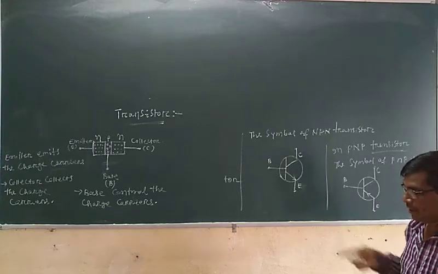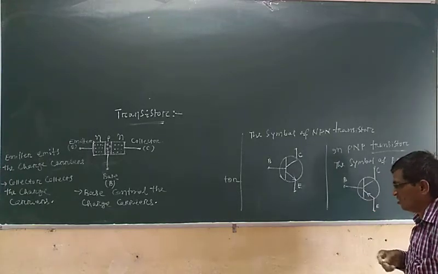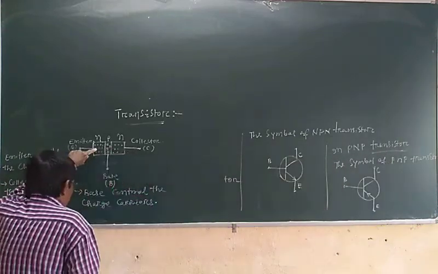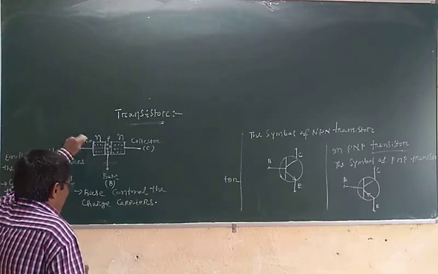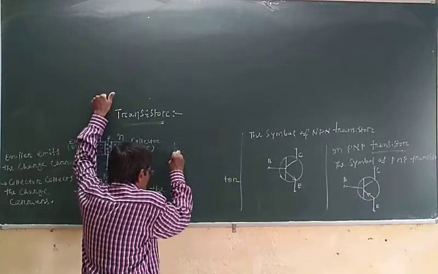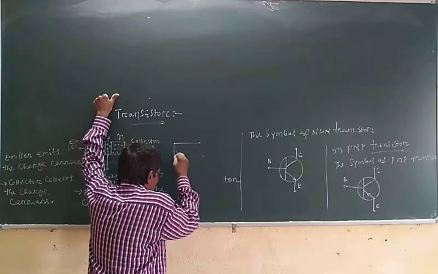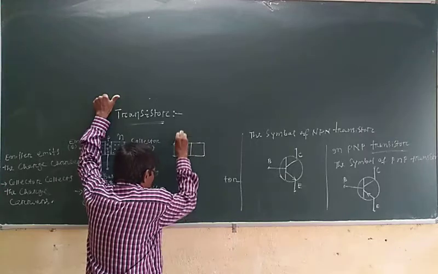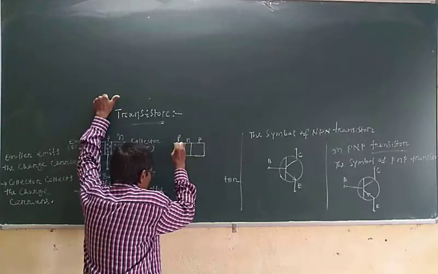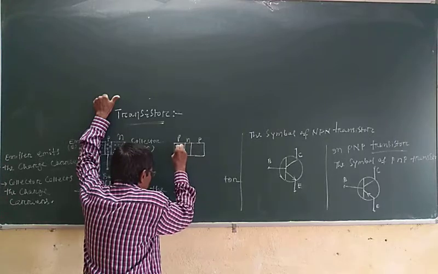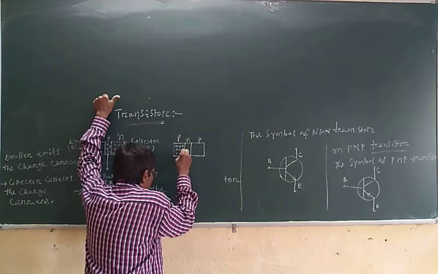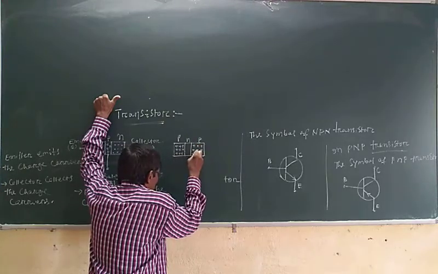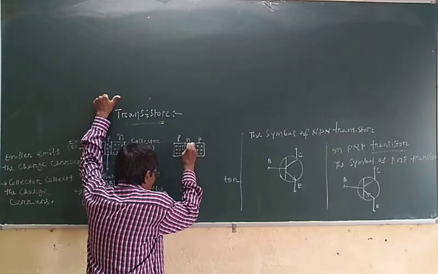Now, in an NPN transistor the electrons are present in the emitter, but in a PNP transistor these are holes, and these are electrons.